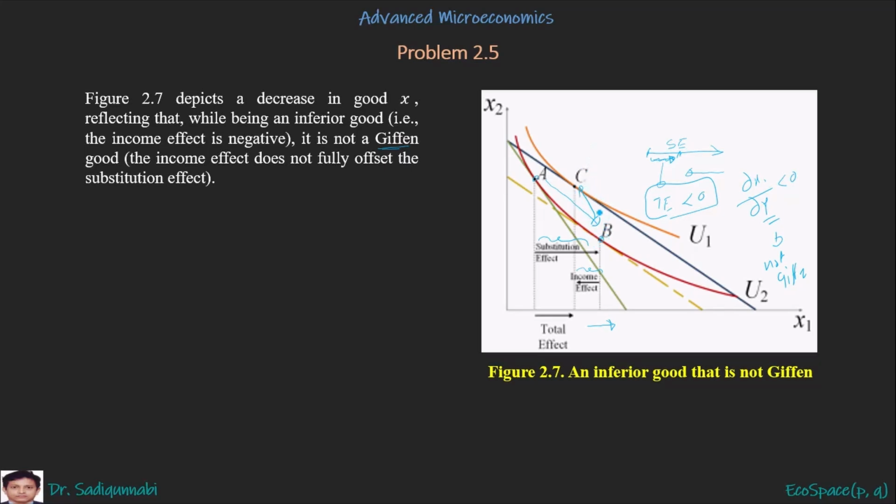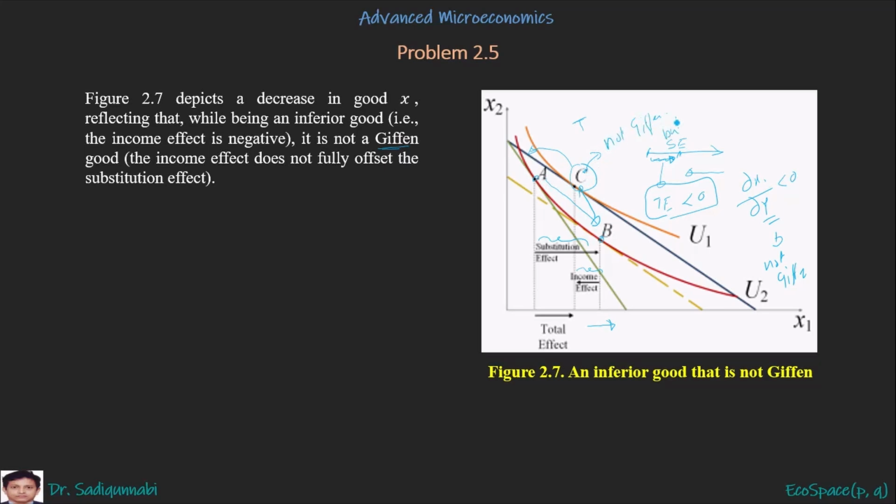The general idea is, if C lies behind A, then the good is both Giffen and inferior. If C is in between A and B, it is not Giffen but inferior.